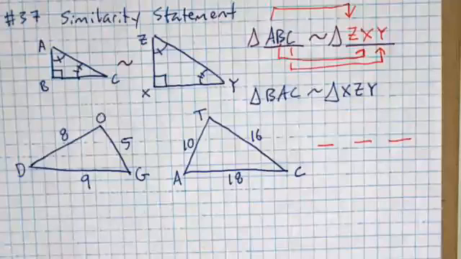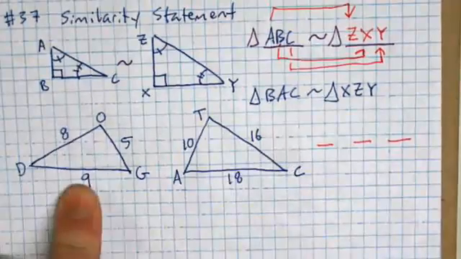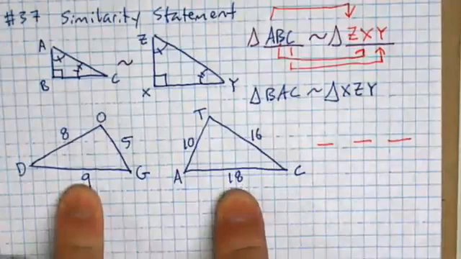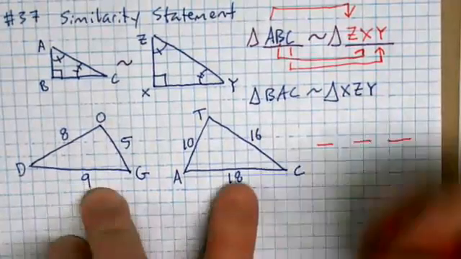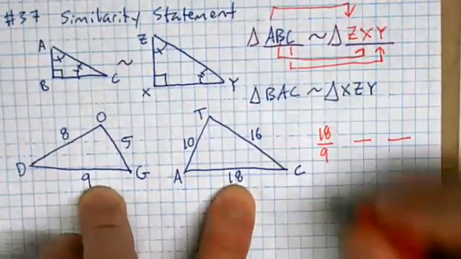My recommendation is when you've got 2 triangles and you're not 100% sure what matches up with which, start with your biggest 2 sides, and then your smallest 2 sides, and then your medium 2 sides. What I mean is, when I look at these 2 triangles, the 9 is biggest here and the 18 is biggest here. Those should match up. I'm going to go 18 over 9, which is 2.